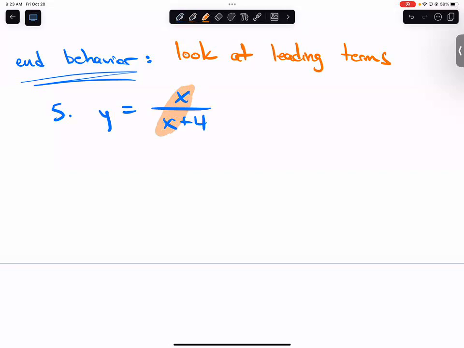Just like with polynomial stuff, the farther out I go, the less the trailing terms matter, because the less they contribute. If x is 100 million, I don't really care that much about the difference between 100 million and 100 million and 4, right? So the trailing terms don't contribute as much. The leading terms start to dominate more and more. So we take those leading terms aside. x over x.